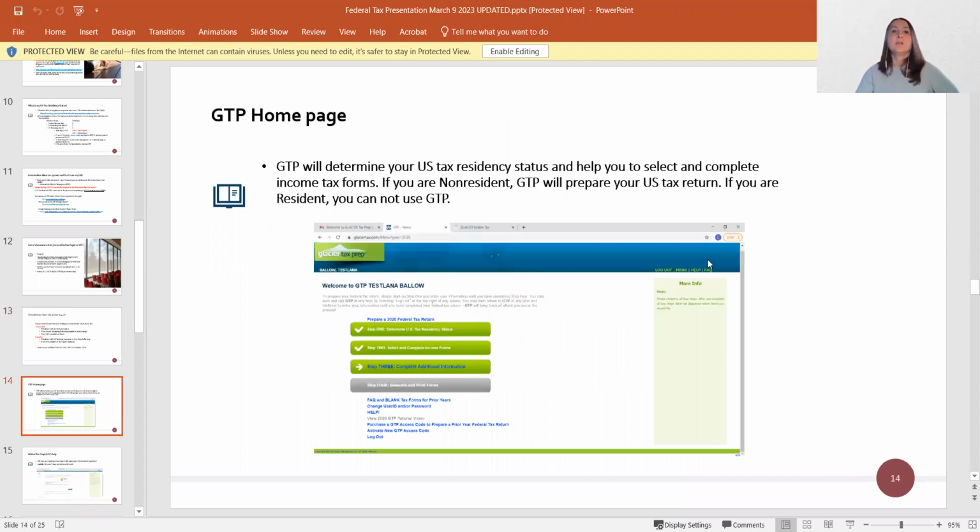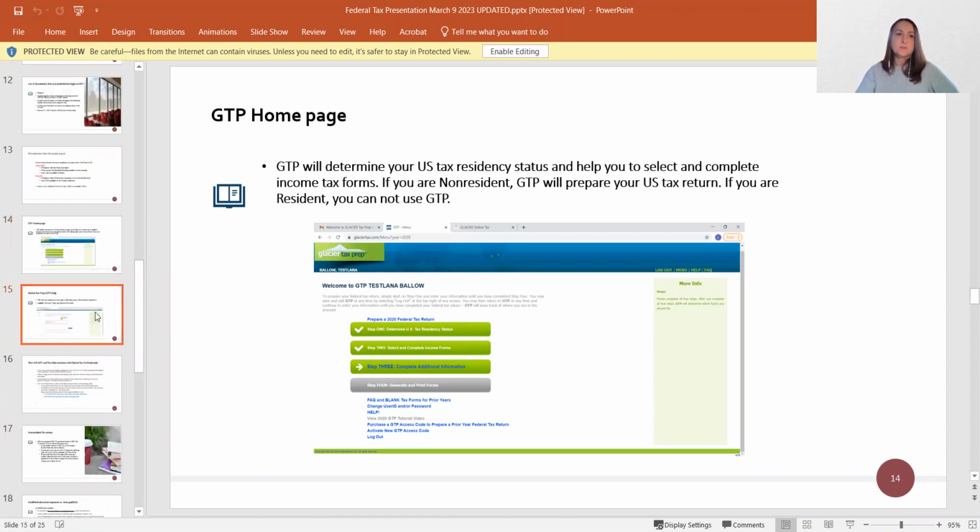If you are a non-resident, you will be given access to the Glacier Tax Prep homepage, and you will answer a few questions, and it will decide whether the system will prepare your non-resident return, or if you don't qualify because you became a resident.